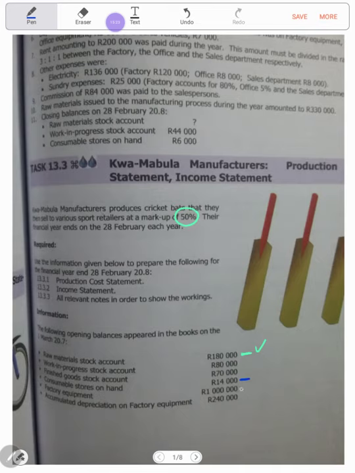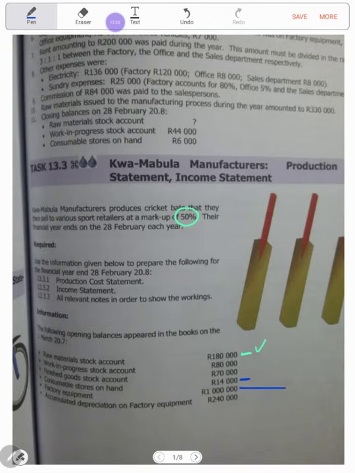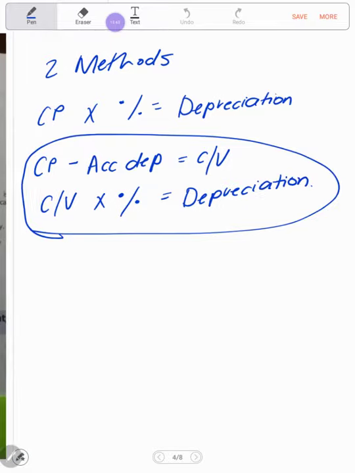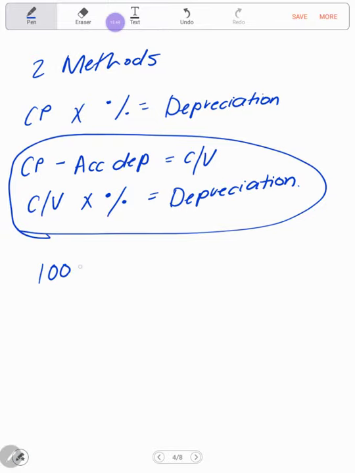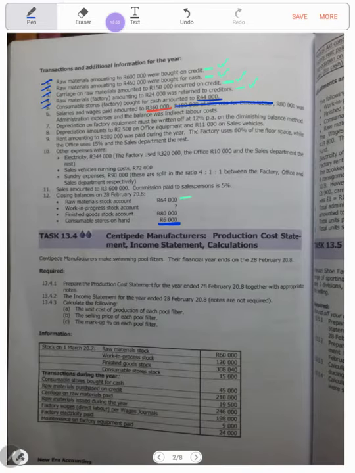It's 1 million rand, and the accumulated depreciation on the factory equipment was 240,000. So I'm going to take 1 million, which is my cost price, and I'm subtracting the accumulated depreciation of 240,000. And then I'm going to multiply it by the 12%, which they have given us there.